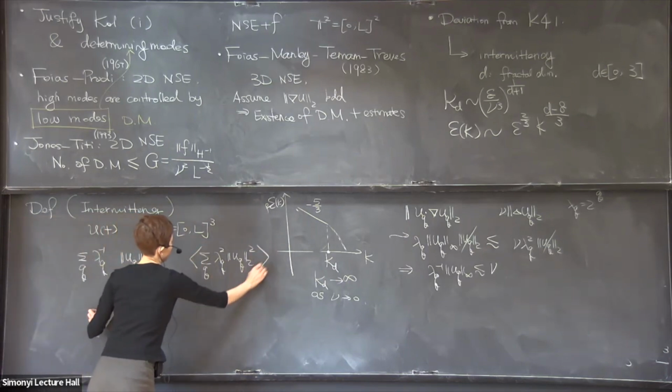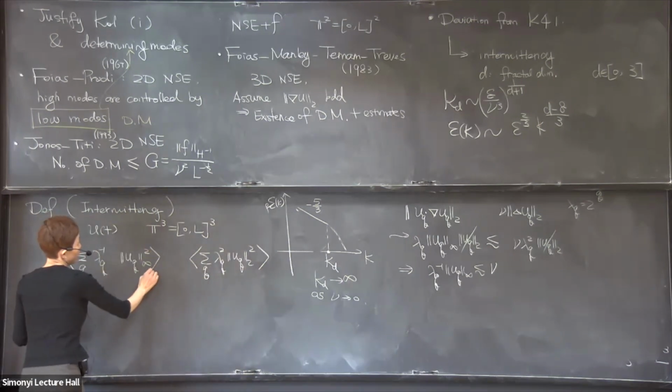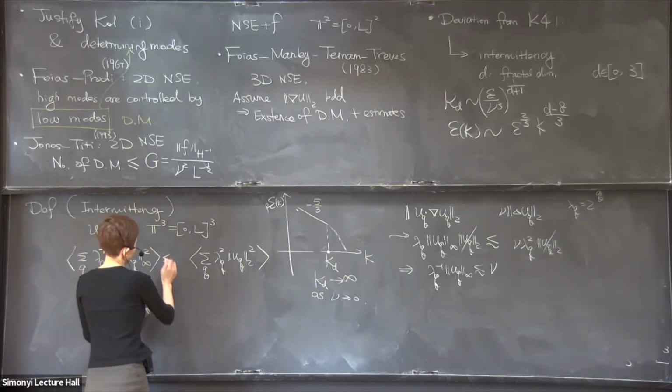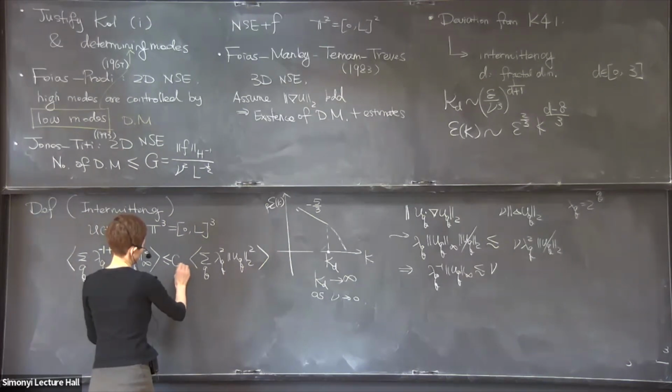Take the time average and compare the two. We put a parameter S here, less than a constant that depends on the parameter S and the size of the torus.